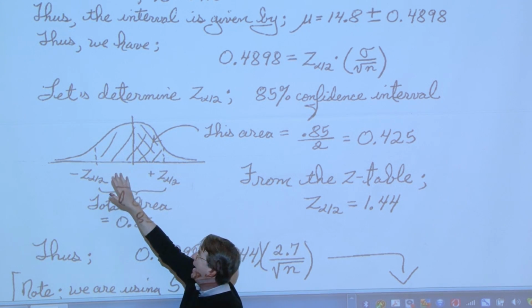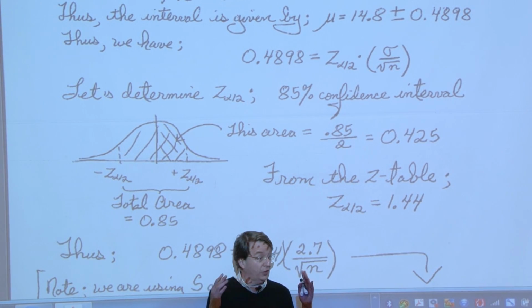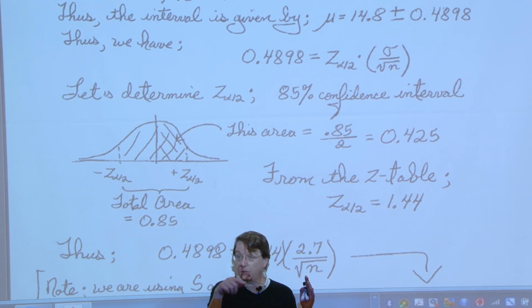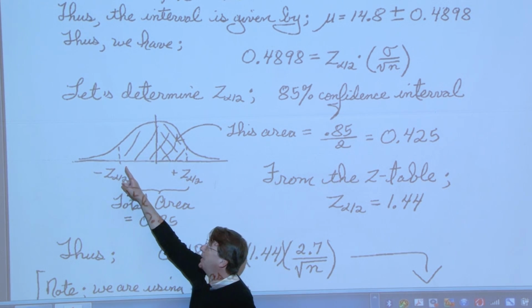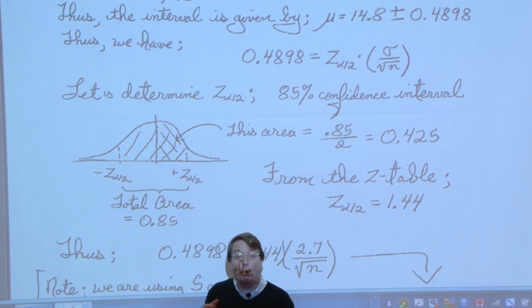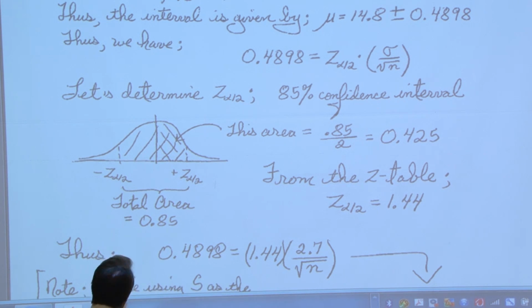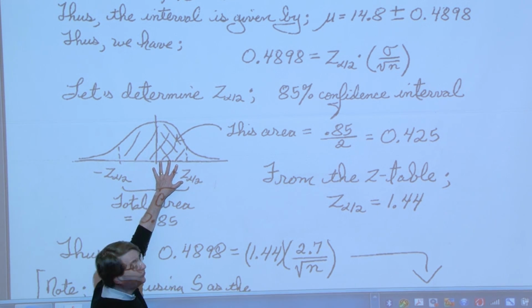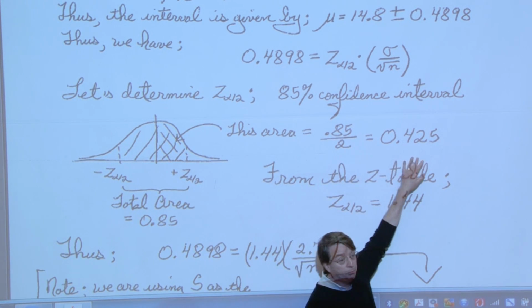Now, I'm 85% certain that I'm in a certain interval, x bar plus and minus something. So that means the area from here to here has to be 0.85. That means the interval of one side is 0.85 over 2, which is 0.425.